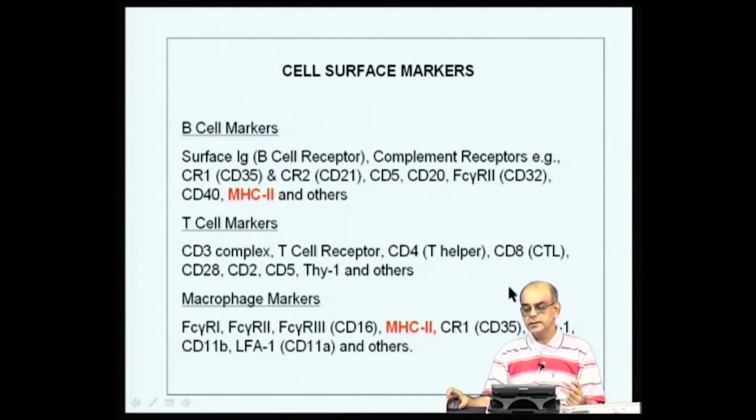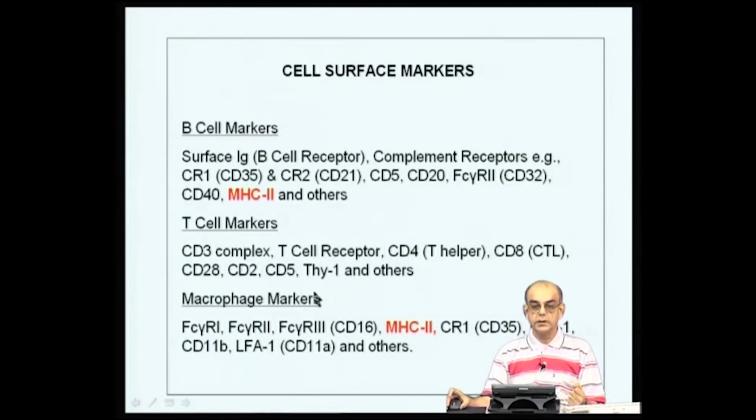The CD8 molecule is present mainly on cytotoxic T killer cells, which do not help the B cells. There are very different kinds of killer cells, like CTLs, which express the CD8 marker. In addition to that, you have CD28, CD2, and CD5.